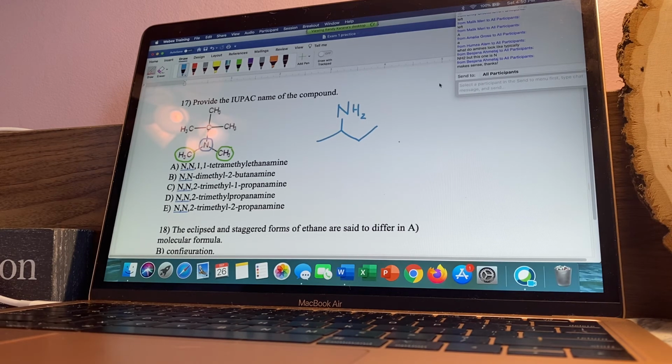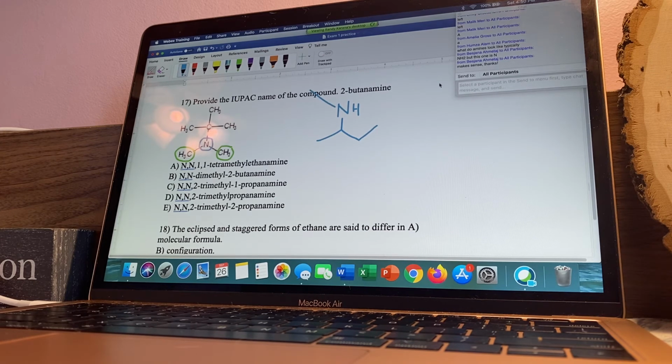So this is going to be just 2-butanamine. Actually, no. I can type it. So this is 2-butanamine, right? And so let's say I substituted one of these hydrogens and I made it a methyl group.